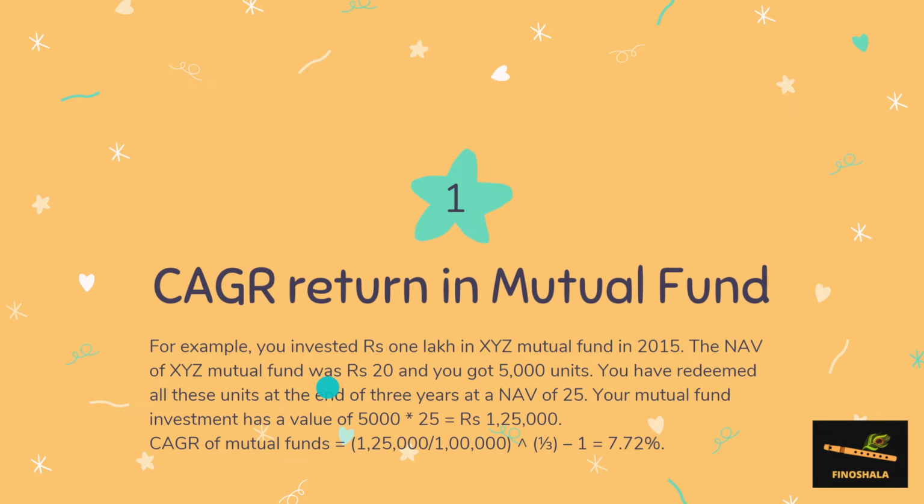Next one is CAGR return in mutual funds. So one may measure the performance of mutual funds using CAGR. But the average annual growth rate of a mutual fund or even any other investment asset may decline over a specified time period.